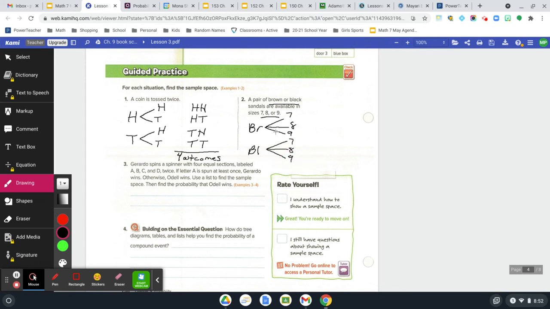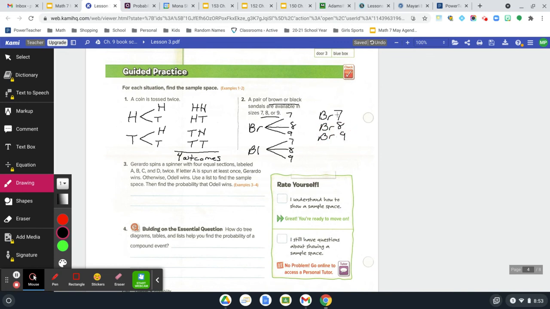Okay. So now when we write our sample space and basically list what we can get, we're going to see we can get a brown sandal, follow the branch, that's a size 7. You can get a brown sandal, follow the branch again, that's a size 8. Brown sandal, that's a size 9.